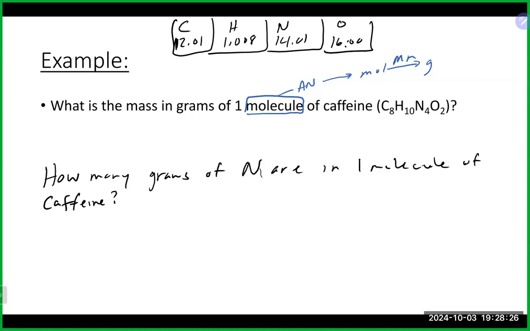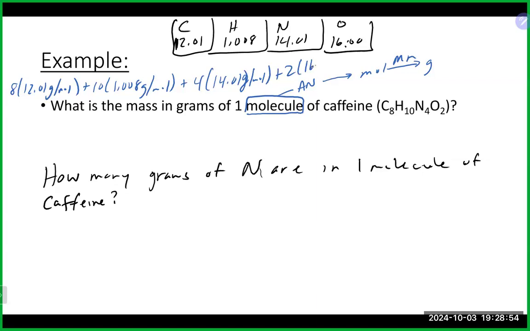That is 8 carbons, it looks like. So we got 8 times our 12.01 for our carbon, plus our 10 times our 1.008 for our hydrogen, plus 4 times our 14.01 for our nitrogen there. And lastly, 2 times 16 for our oxygens.